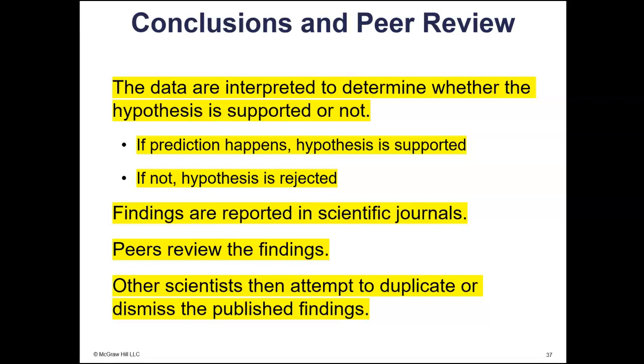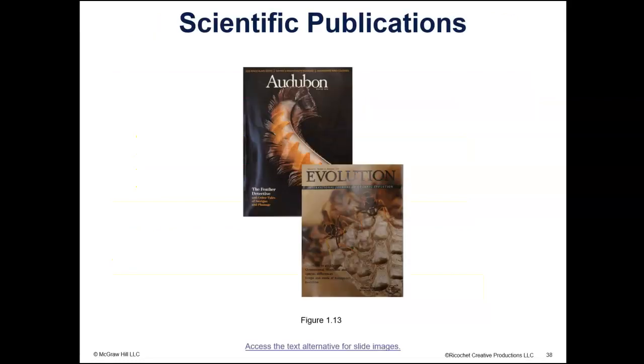Findings, especially if these experiments are done at the college or university level under a professor, are reported in scientific journals, and then peers, which would be other scientists, review the findings. And then other scientists attempt to duplicate the findings or to have them dismissed by rejecting the hypothesis when they do the experiments.